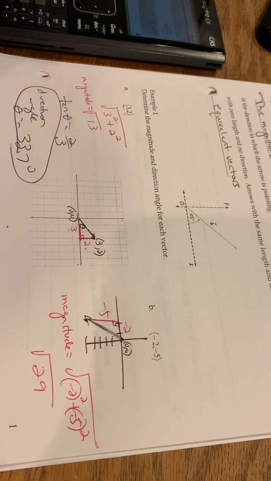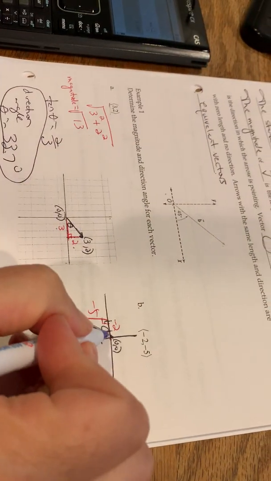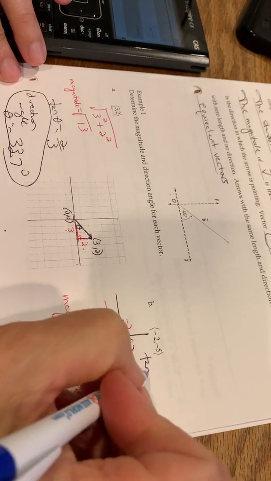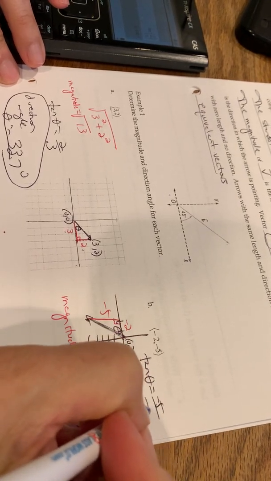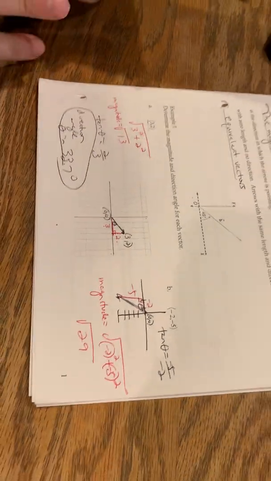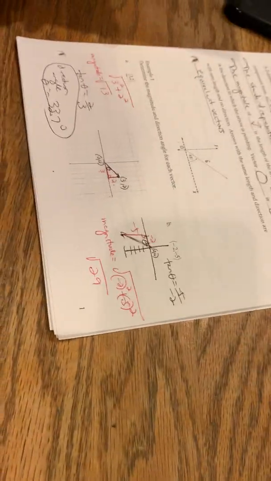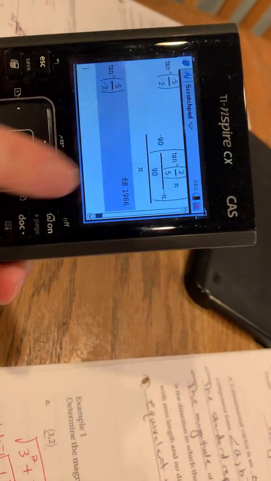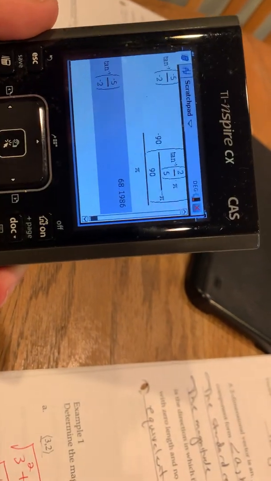Now, the direction angle, we're going to have to be careful because we're in quadrant 3. So if I go inverse tan of -5 over -2, which is really 5/2, I get 68.2 about.